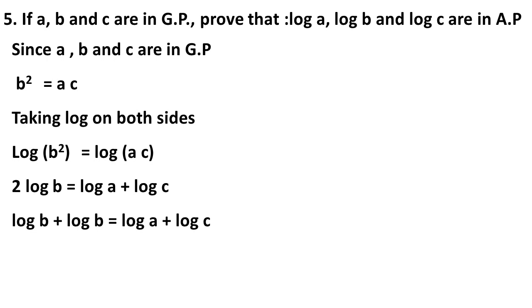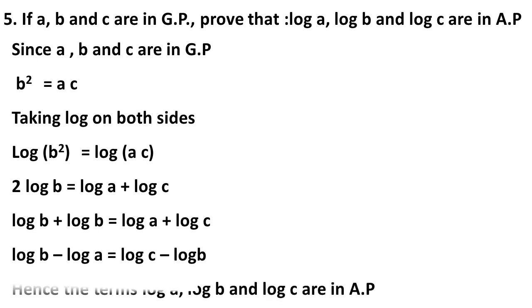Just rearrange the terms so that the common difference is equal. That is log b minus log a is equal to log c minus log b. So hence it can be written as the given terms log a, log b and log c are in AP.